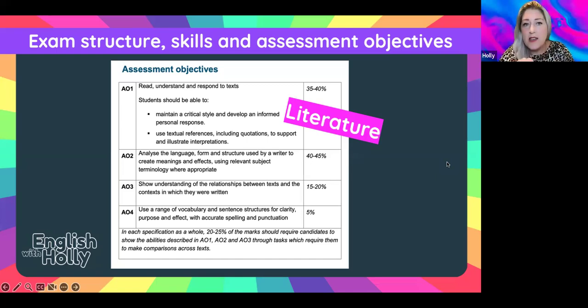I've linked this document, the literature one and the language one, into the document that I put into the chat box. So if you wanted to have a closer look at that, you can. It sort of stipulates what texts they're allowed to test on and things like that.